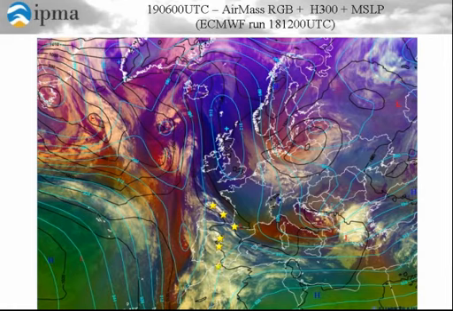This southerly flow is bringing some nice features over this region. Also here you have a surface high and this low pressure here, and we have some cold and dry air over this region. So both systems are bringing cold air to the south.